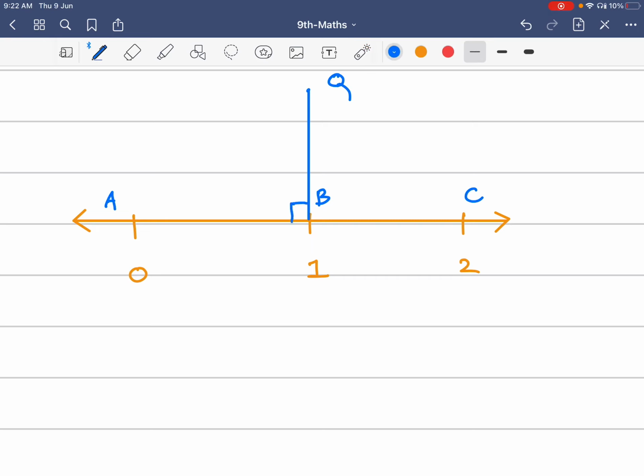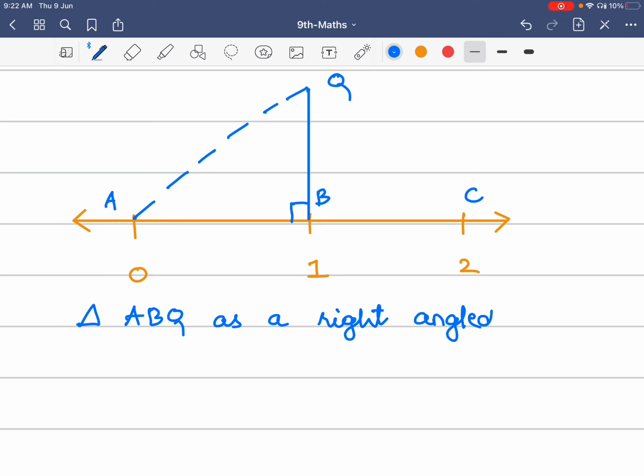So let me mark here, this is a right angle triangle, and let me try to construct the hypotenuse of this right angle triangle. We have triangle ABQ as a right angled triangle, and we all know that AB is equal to BQ, because that is the construction that we have done, that is equal to 1.